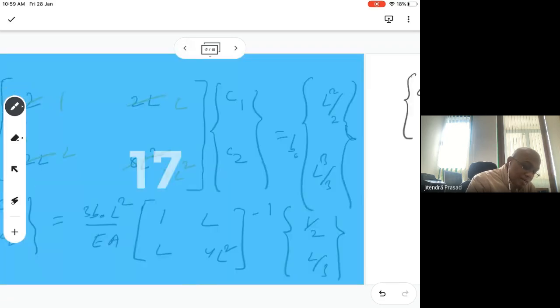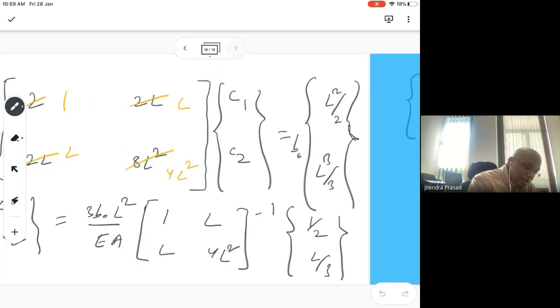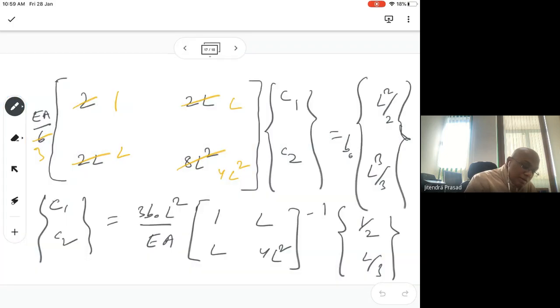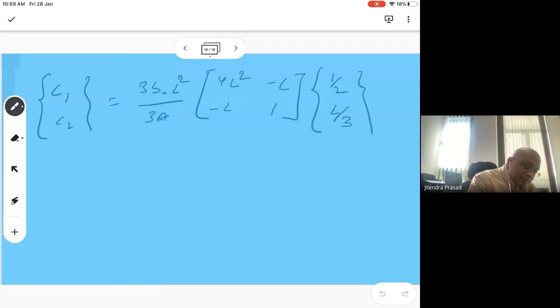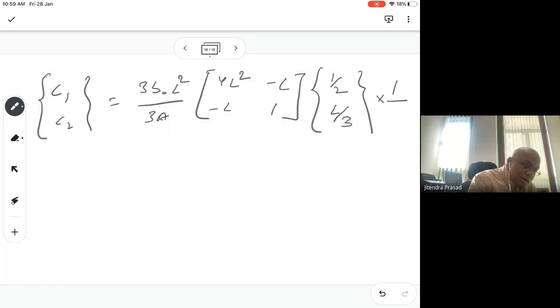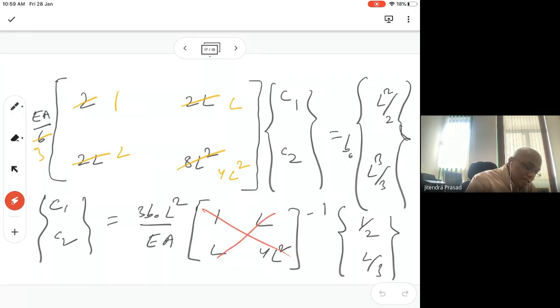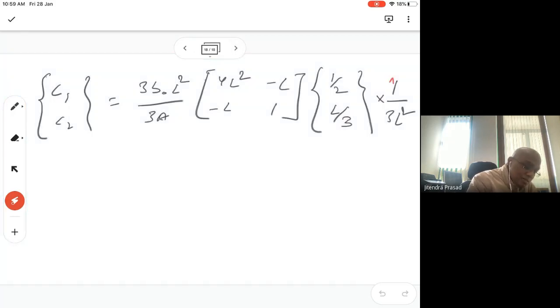So first let us write half L over 3, L over 3, divided by 1 over 3L square. This is the determinant: 4L square minus L square, 3L square. So we divide by the determinant, so that this multiplied by this is the inverse of the values.